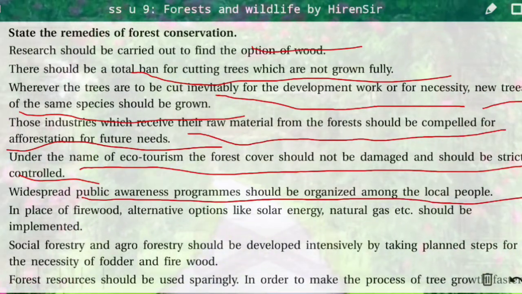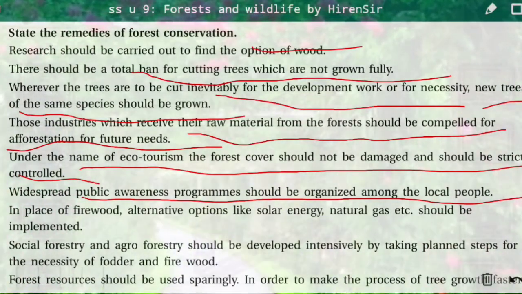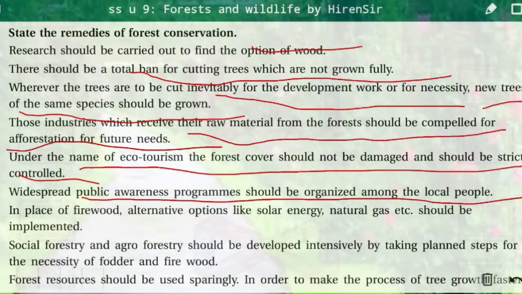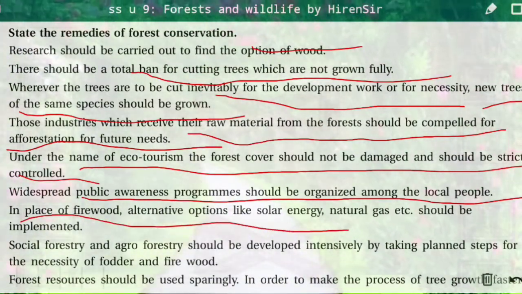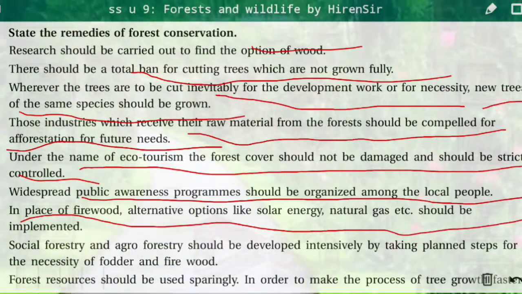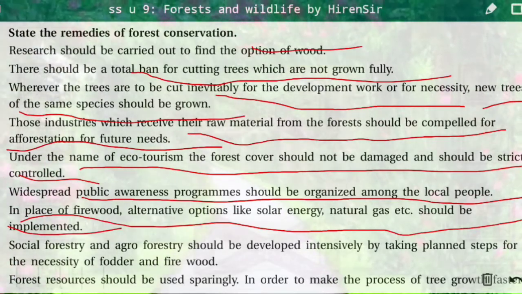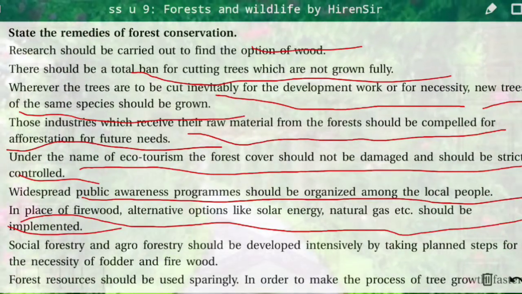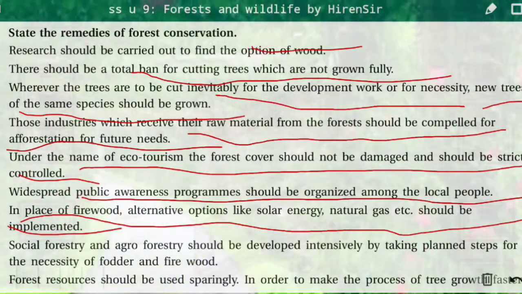They will also invite their guests to enjoy a party in the forest. In place of firewood, alternative options like solar energy and natural gas should be implemented. No doubt nowadays the government is working very well, especially with PNG, piped natural gas.